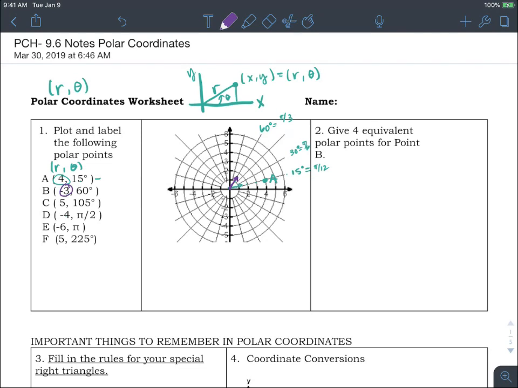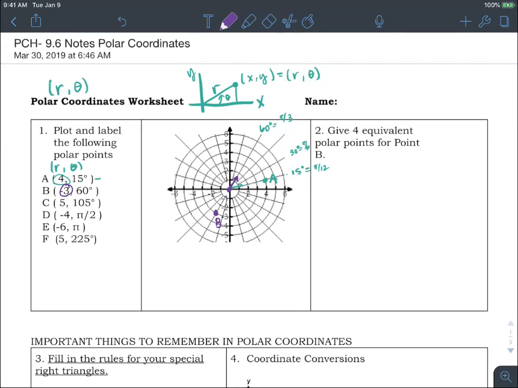If I'm standing at the middle, which we call the pole, and I'm going -3 radius, I'm not going to walk towards the direction I'm facing. I'm going to go the opposite direction. 1, 2, 3. Boom, right there.